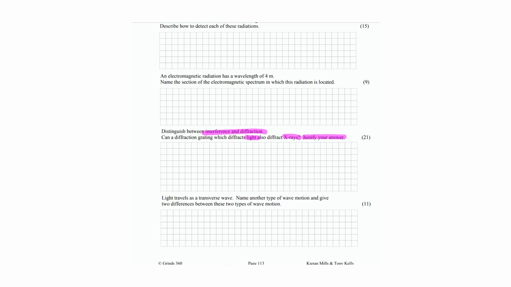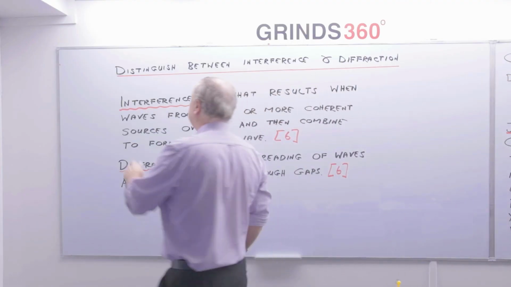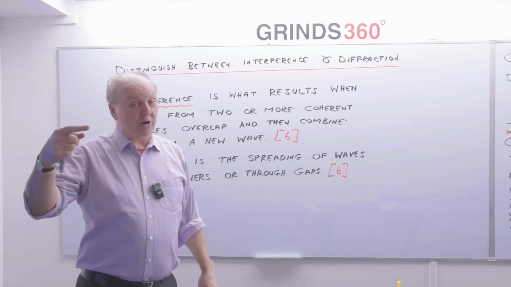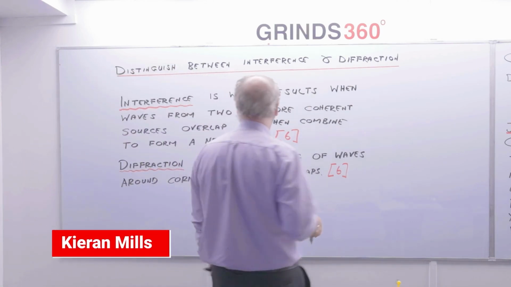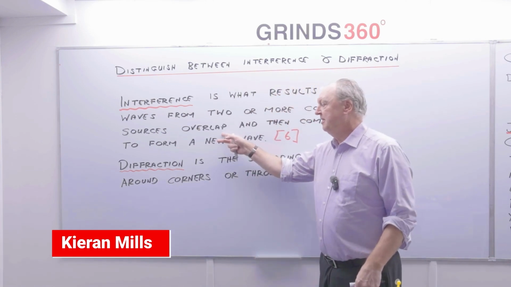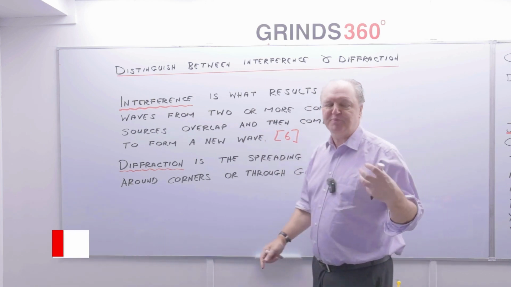Okay, so first part of that is just write down your definitions. So give the definition for interference. The word in my head, I always have a word for every definition. The word in my head for that is waves overlapping. The word I have in my head for diffraction is waves spreading.